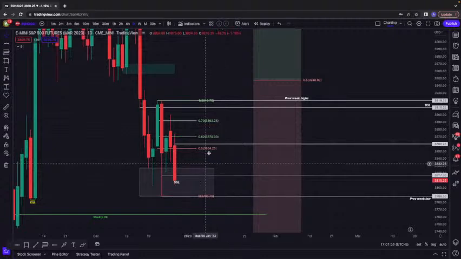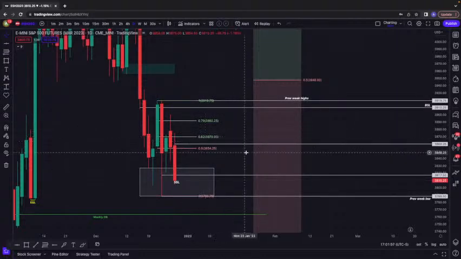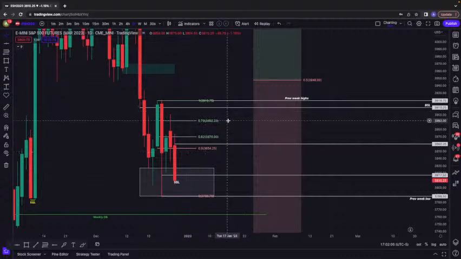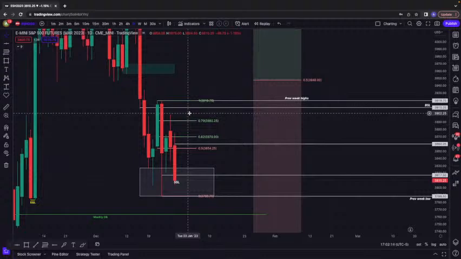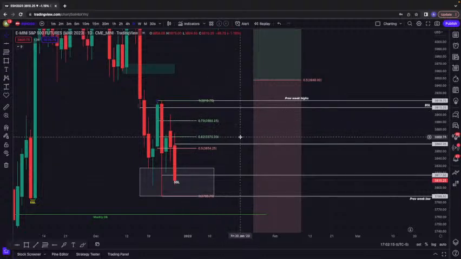So I thought it'd be built up for a move up, but that should have been the telltale sign. Along with, we took out September highs on ES and we had a huge sell-off. We're going into this little bit of consolidation, I guess you could call it, on the daily, but just kind of range bound.